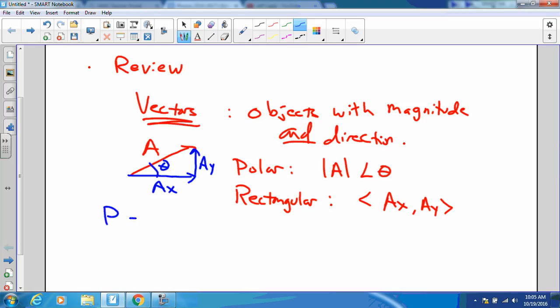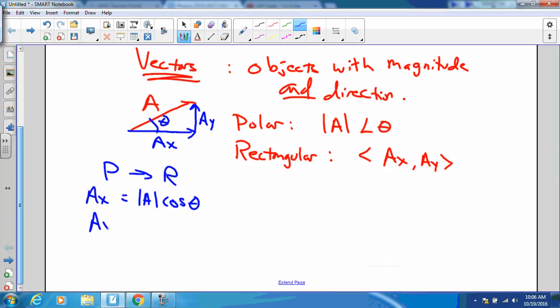So if I need to go from polar to rectangular, then my x component is going to be the magnitude times cosine theta, that's right. And the y component will be, exactly so, magnitude times sine theta.